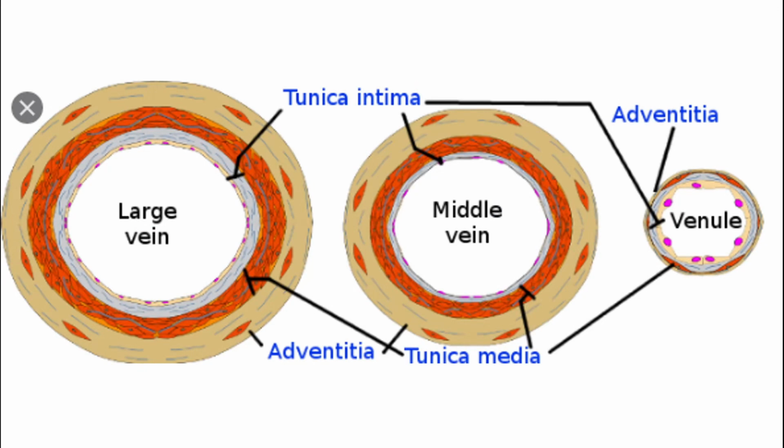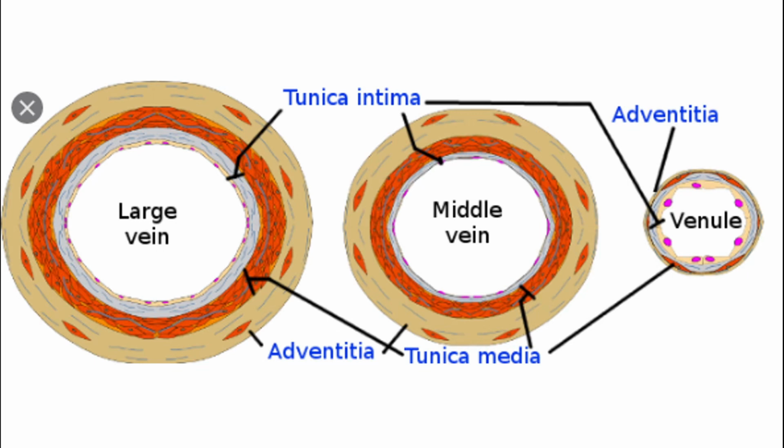The question now is, are veins of equal size all over the body? The answer is no. They start as small veins called venules on your right, and then they collect the venules and form a middle-sized vein, where you can see there is a change in the arrangement of layers.